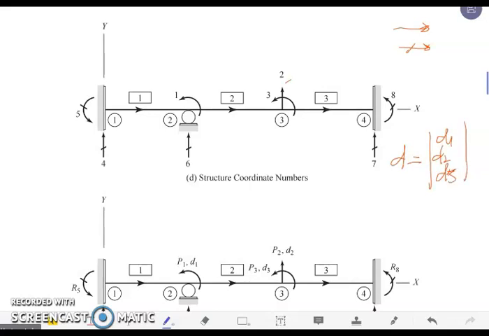Now, if we go back to joint 1, we don't have degrees of freedom, which means that we have restraint coordinates. Going back to joint 1, we ended at number 3, so we're going to continue.